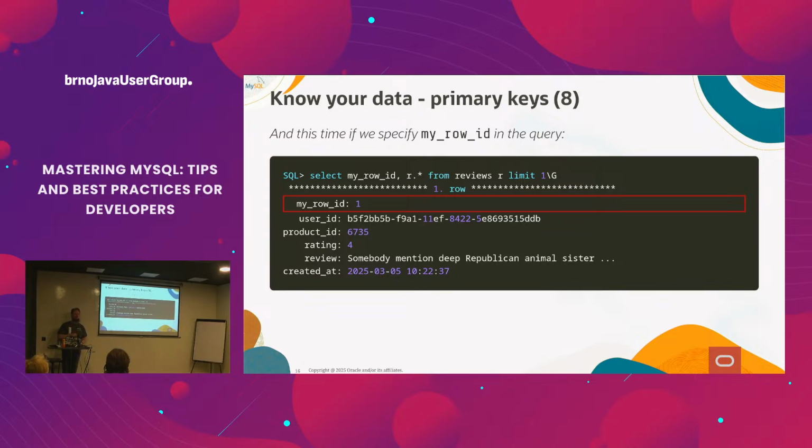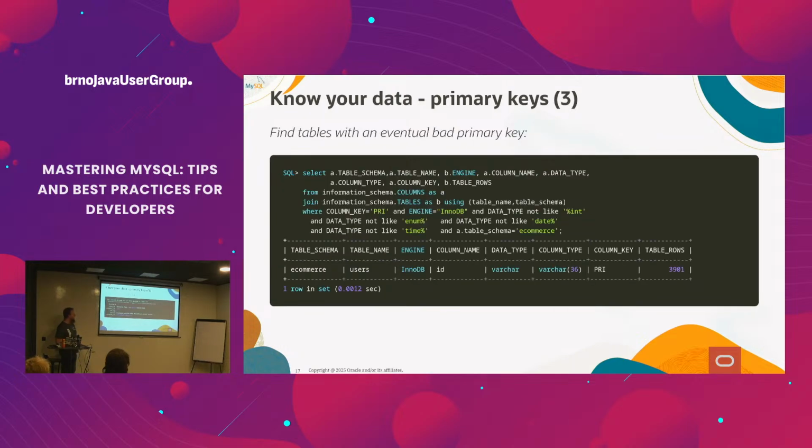I also said bad primary keys is also an issue, right? So let's have a look to find what could be the bad primary keys, meaning the primary keys that are too long or that are completely random when we insert the data. So I created this query here that will check for the primary keys using InnoDB that are not integers, that are not using enum, that are not using date, time for the e-commerce database.